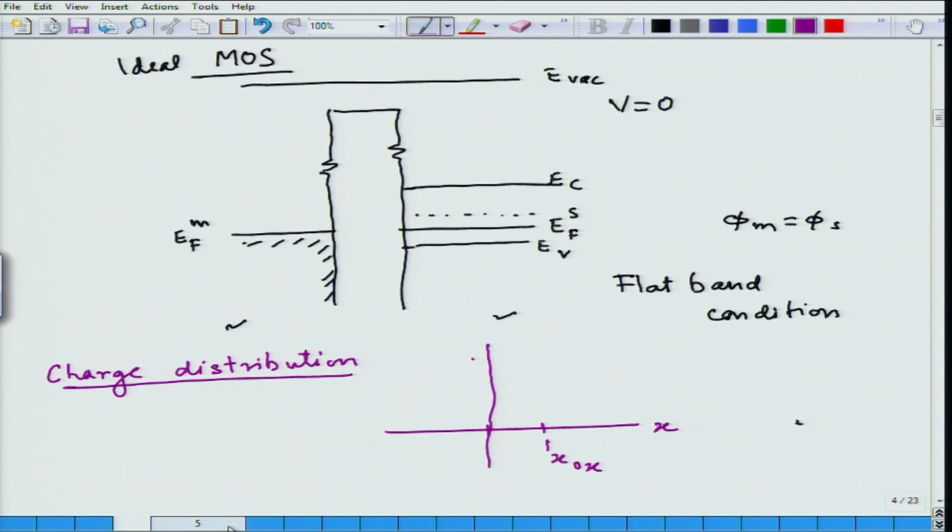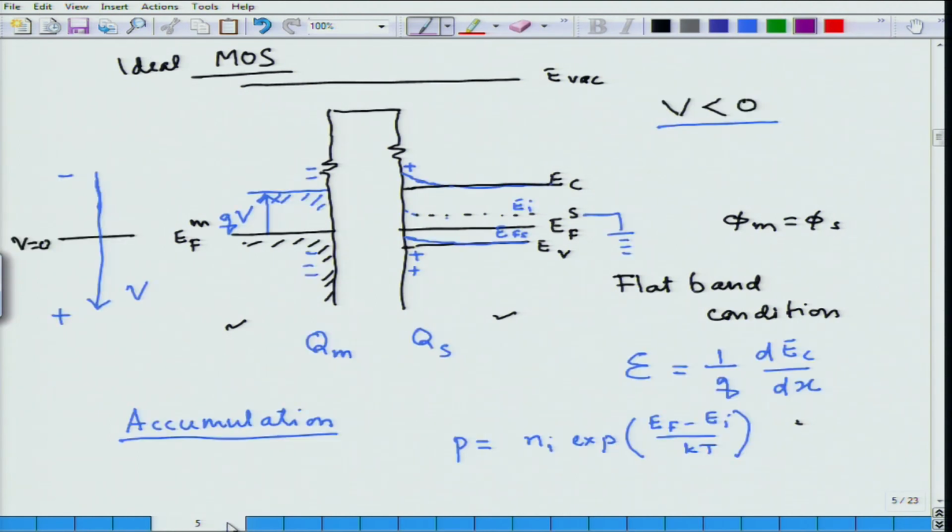Same thing if I now plot for the accumulation region. This is x ox, this is the metal surface. On the left side of the metal we have negative charge. So, this is charge in the device.